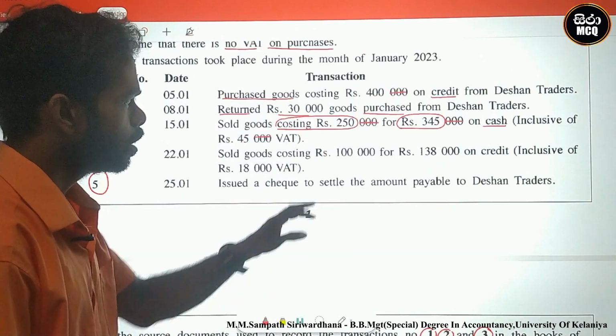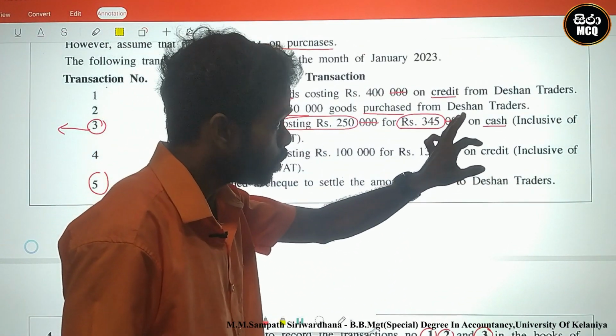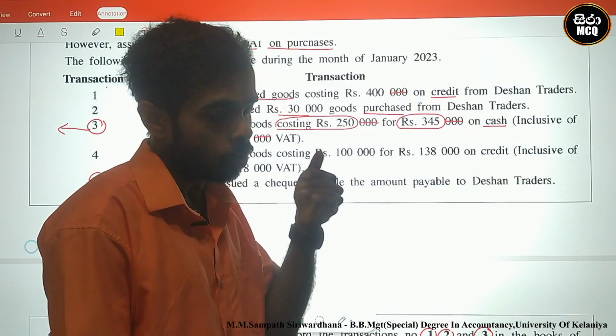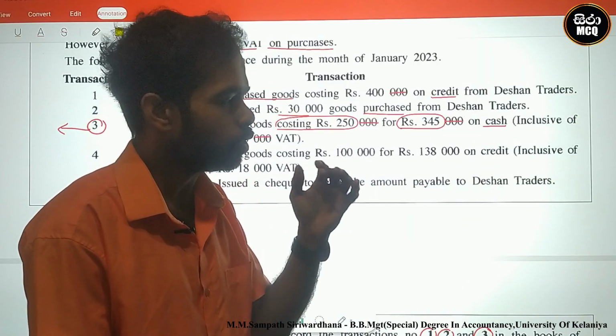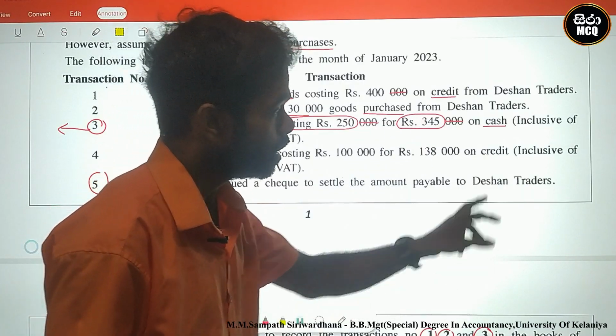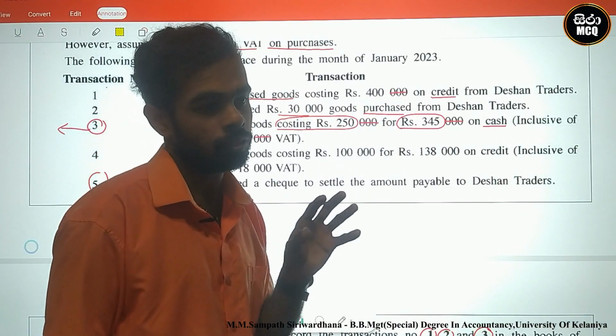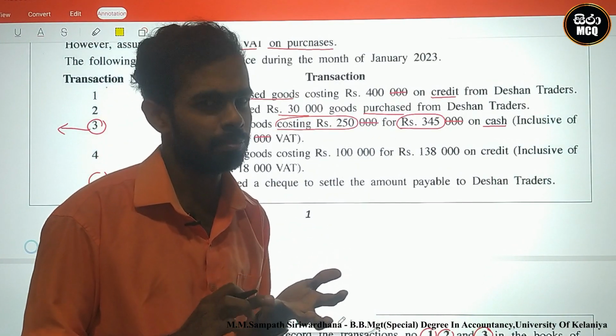They said 250 for 345 on cash. Sold means we sell to the customer 345 inclusive of VAT. This 345 is the selling price.